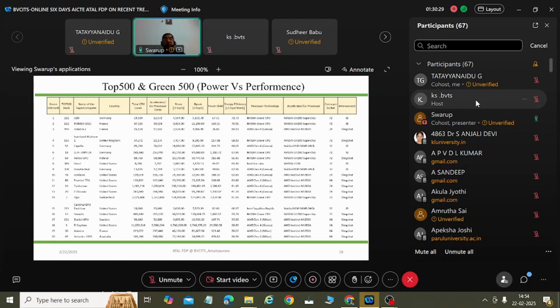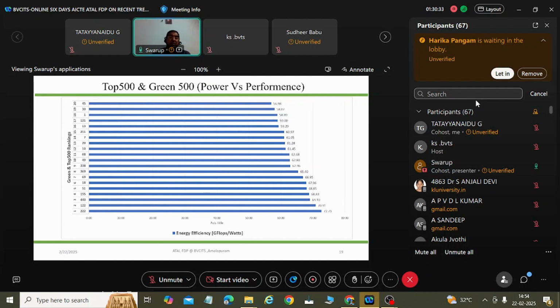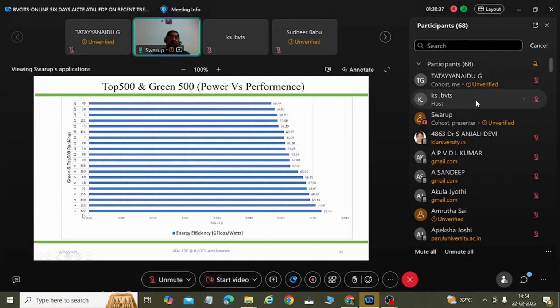Now you can see this in the pictorial representation. The number one is the 222. This is the rank, and the rank is varying.